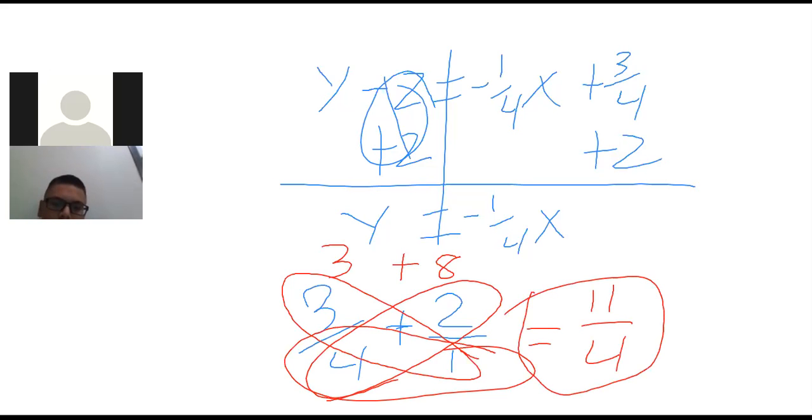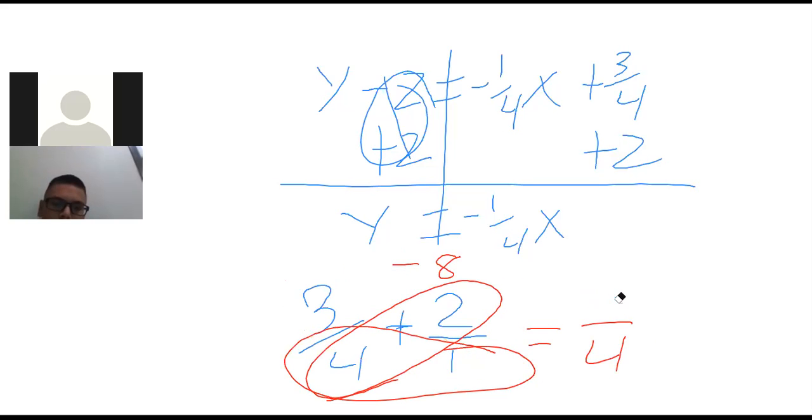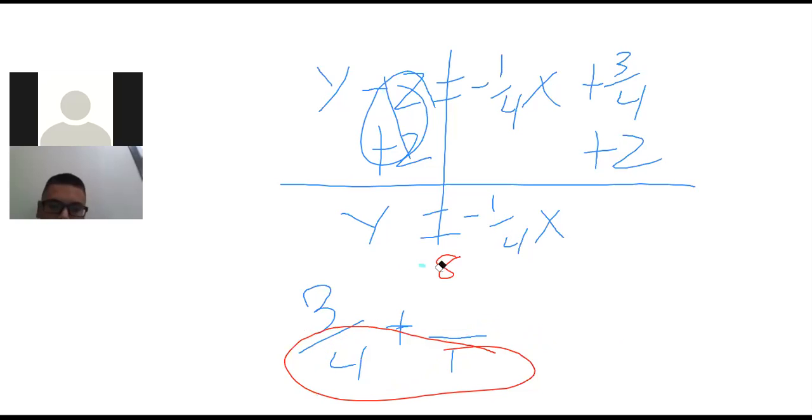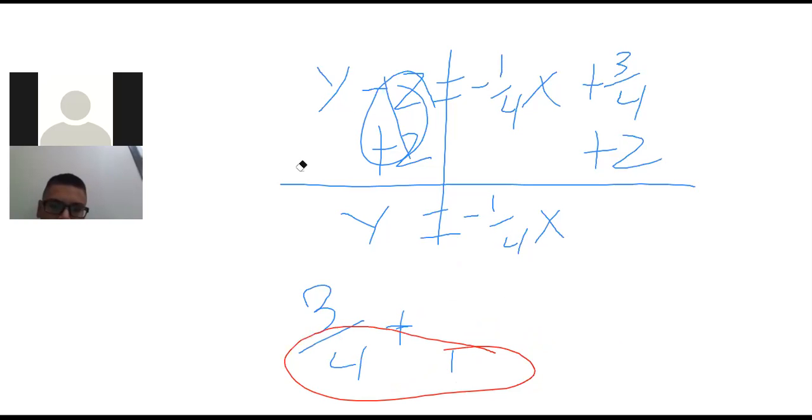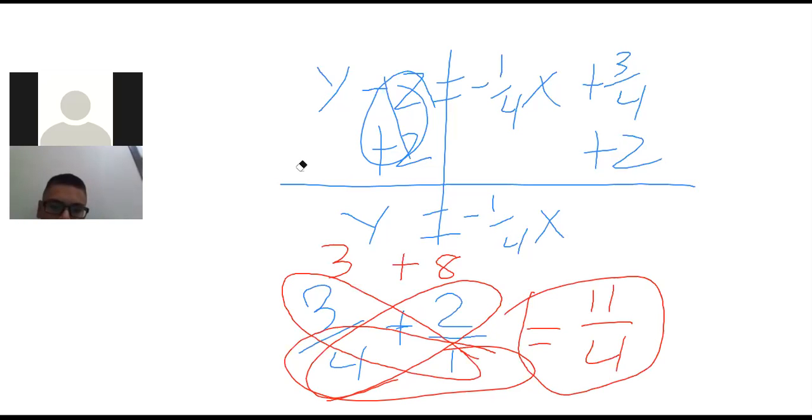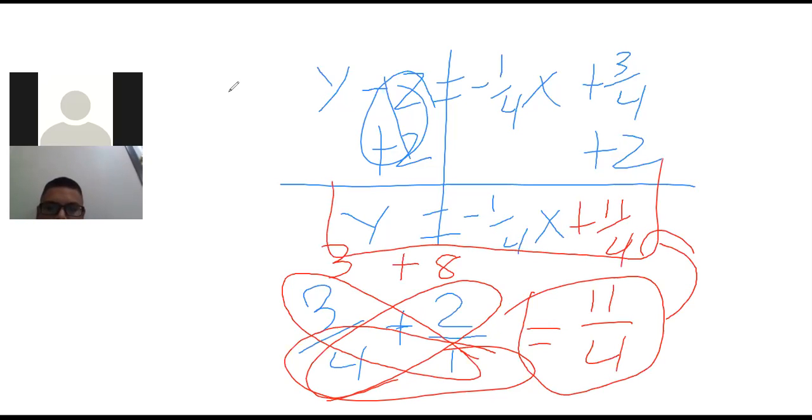Okay, so 11/4. All right, hold on, let me put it back up. So that's what 3/4 plus 2 would be. This goes over here, that should be plus 11/4. And that's our answer.